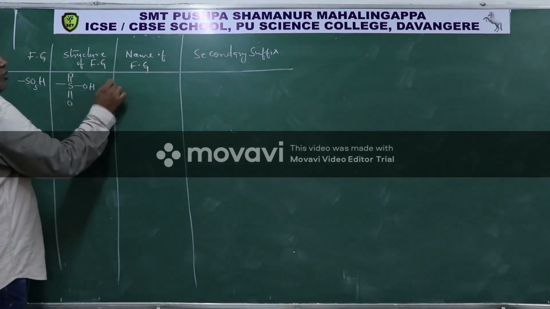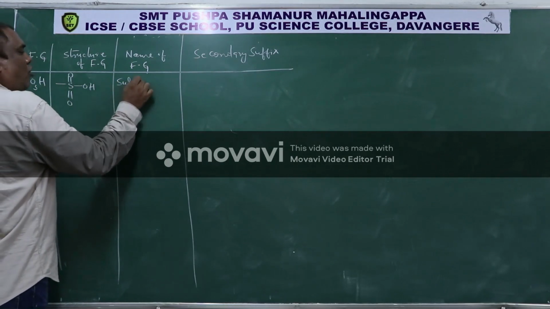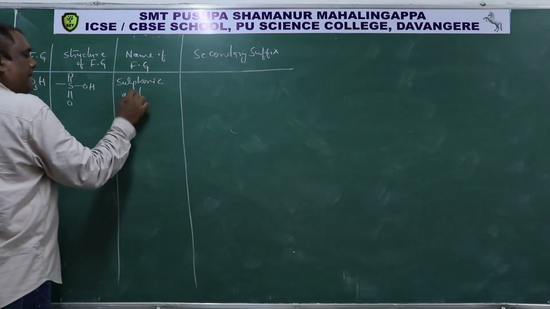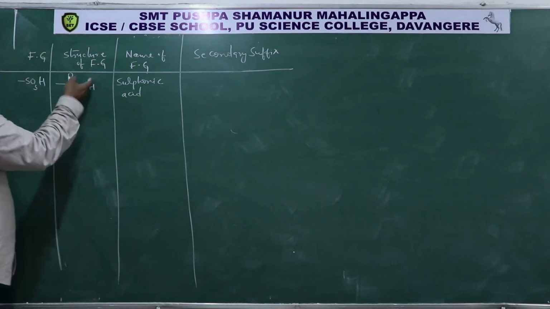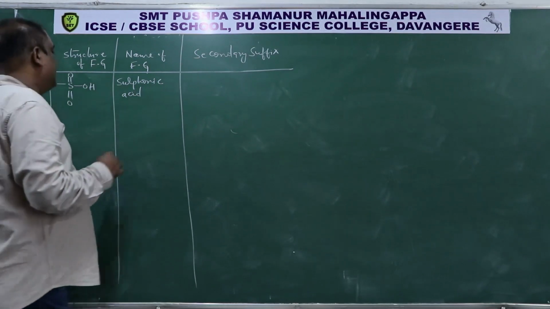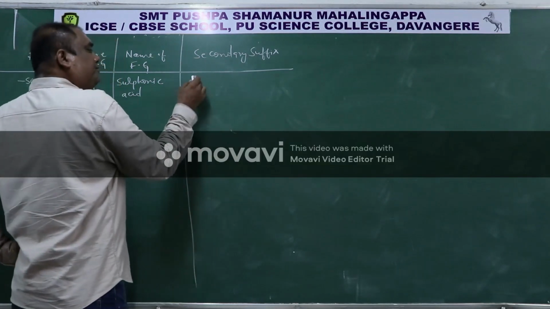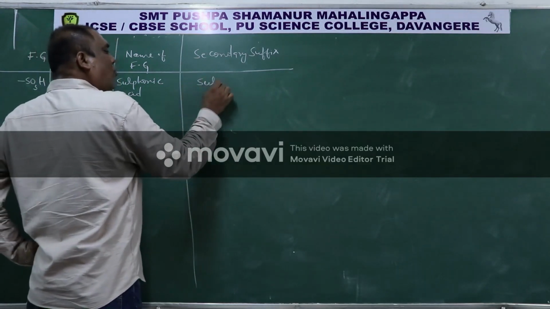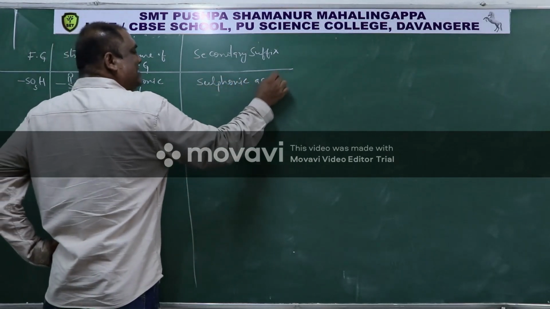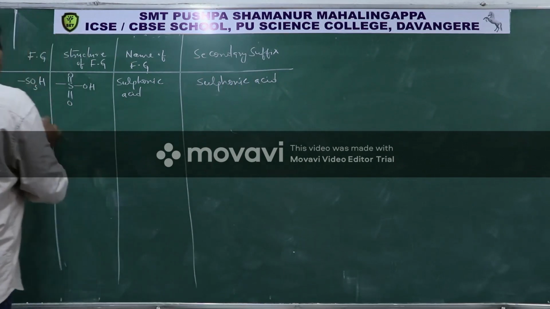Name of this functional group is sulfonic acid. Now, if this is present as the group of highest priority, then secondary suffix is also sulfonic acid. Sulfonic acid is a secondary suffix.